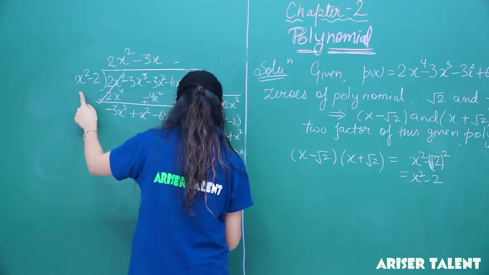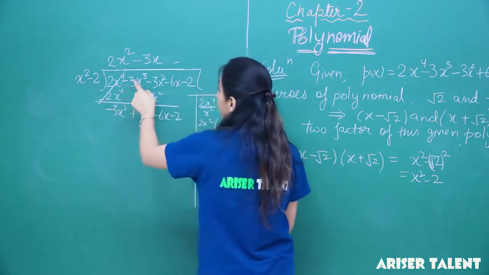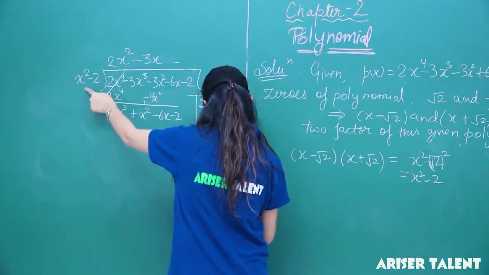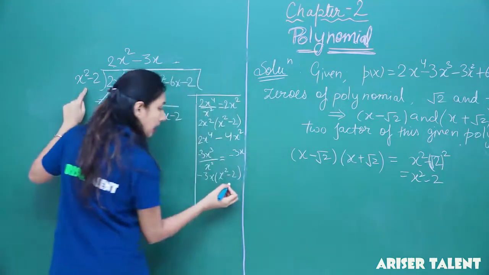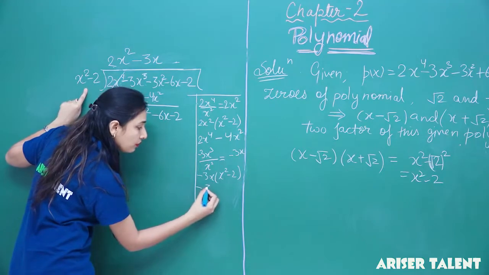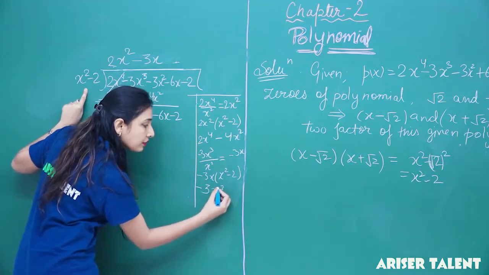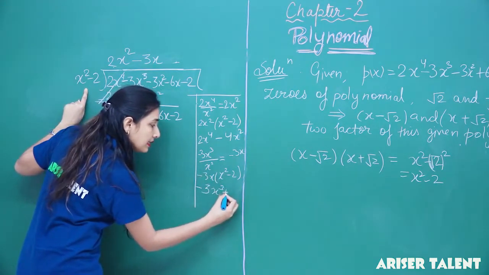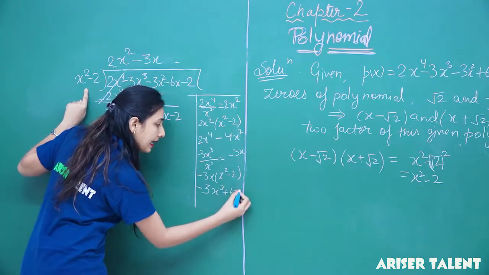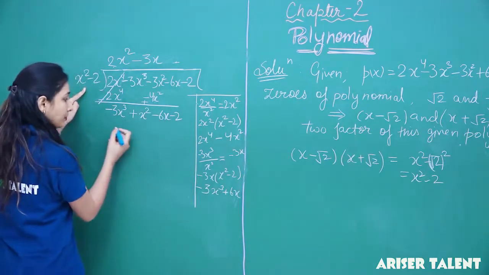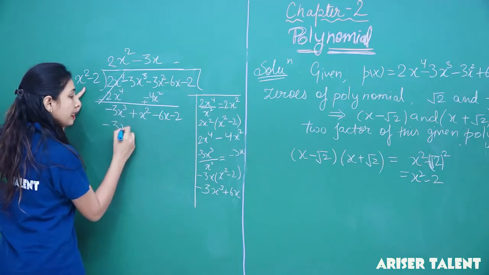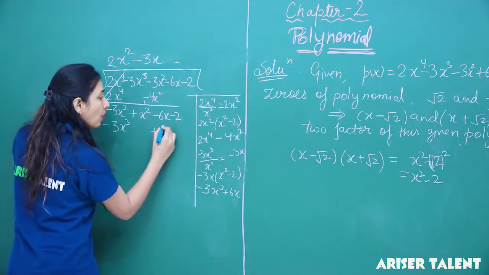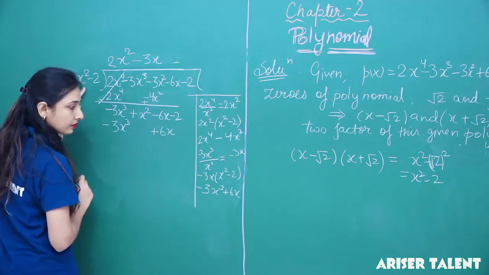Now, minus of 3x multiplied by x square minus 2. Now, it will give you minus 3x cube plus of 6x. So, write it here, minus of 3x cube plus of 6x here.